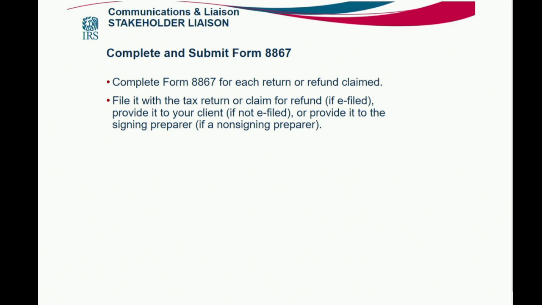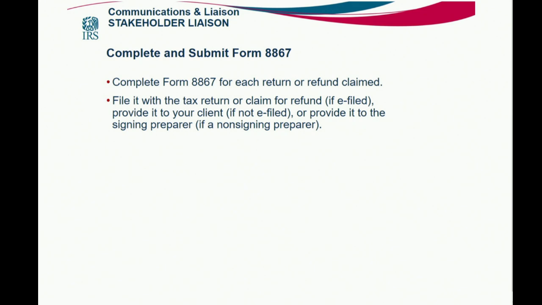The third due diligence requirement is to complete and submit that Form 8867, as I said, that Paid Preparer's Due Diligence Checklist. And this is based on information obtained from your client or you otherwise reasonably obtain or know.